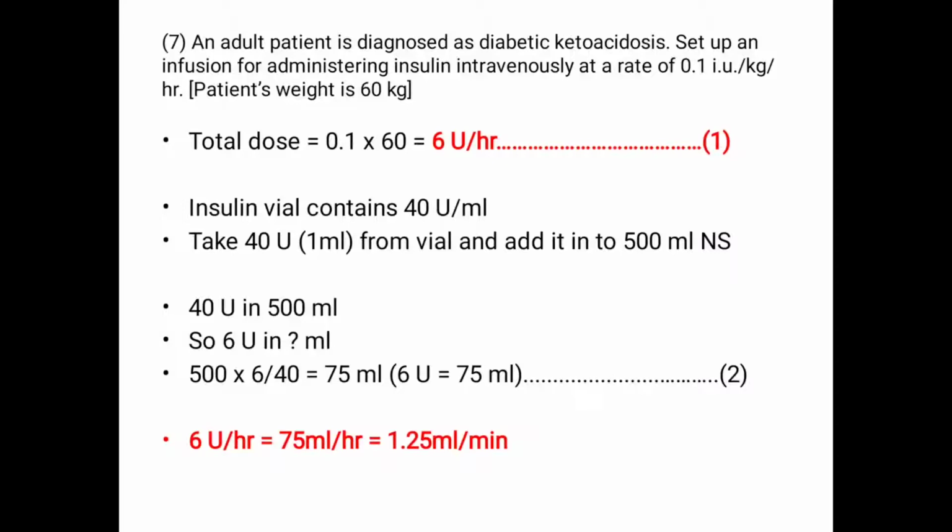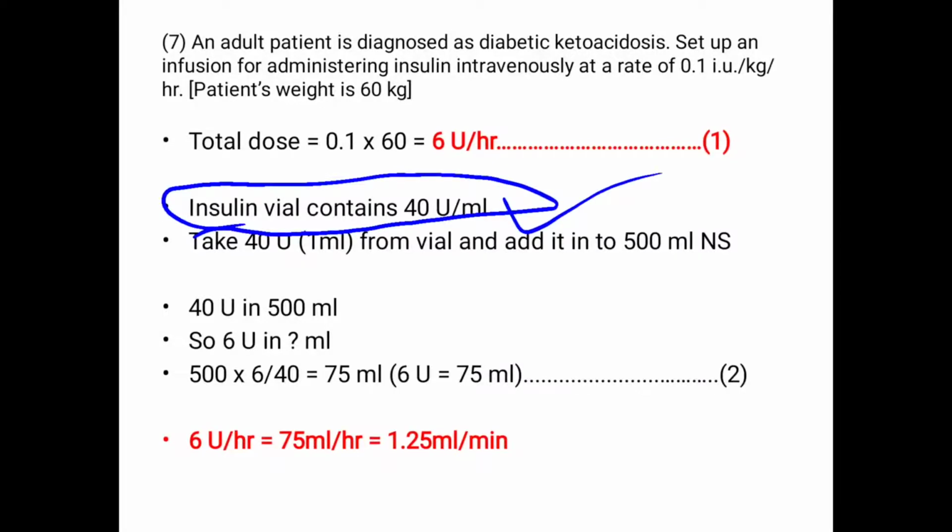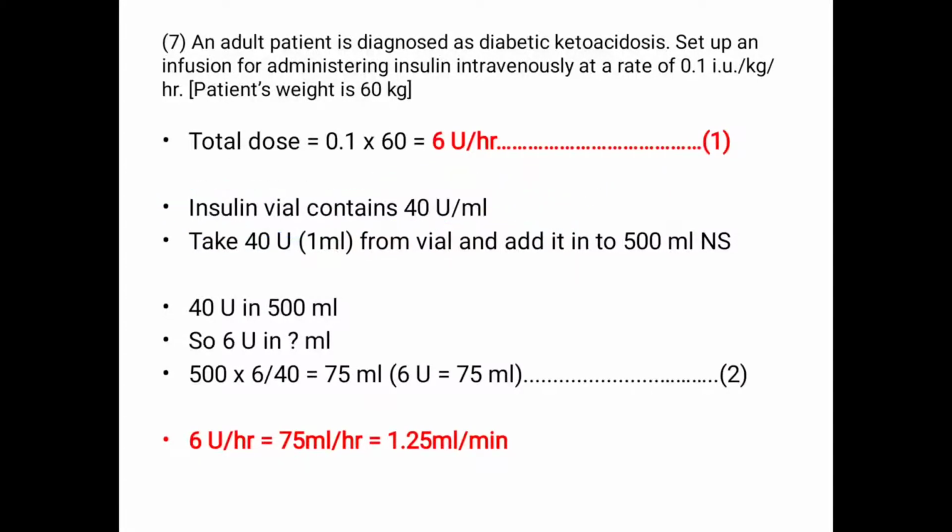Before I explain, I will tell you about the insulin vial. You can see here, the given insulin vial contains 40 U per ml, units per ml. This is given on the ampule and will be given in the question. So don't be confused.